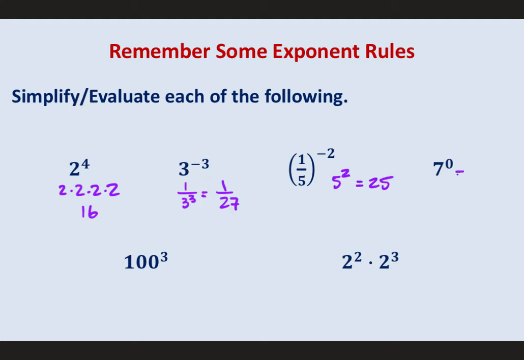Anything to the 0 power equals 1. So 7 to the 0 power equals 1. When it comes to multiples of 10, or in this case 100, when we raise it to the 3rd power, this will become 100 times 100 times 100. Now, that might be a little hard to multiply.